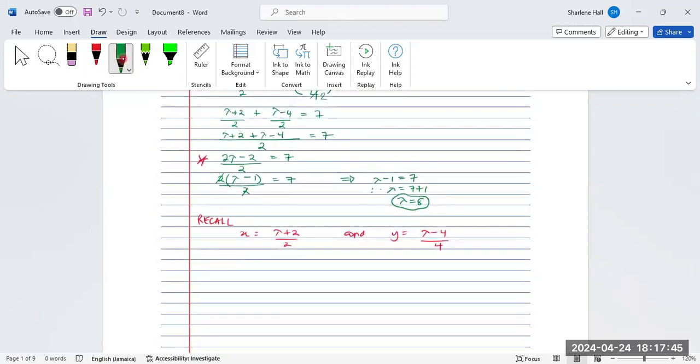So with lambda equals 8, x is going to be, and you notice what is happening here?